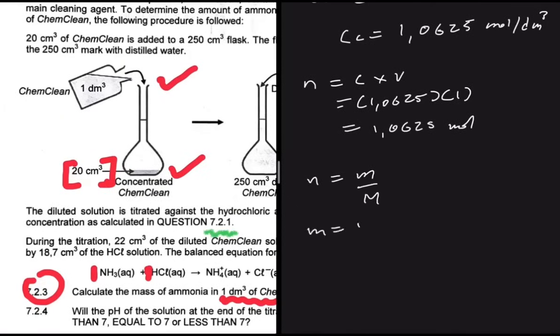So the mass will be equal to the number of moles multiplied by the molar mass. The number of moles is 1.0625, and the molar mass is the molar mass of what? NH3, that is 17. If you multiply that, you're going to get 18.06 grams of ammonia in 1 decimeter cube of Chemiclean.